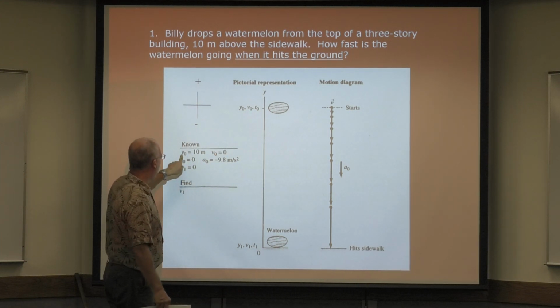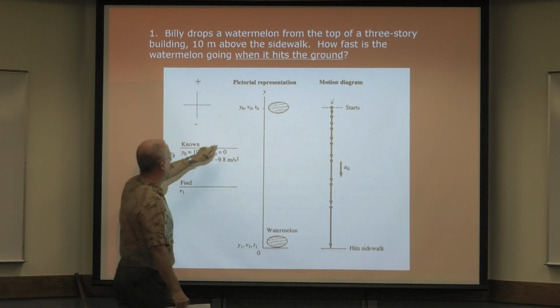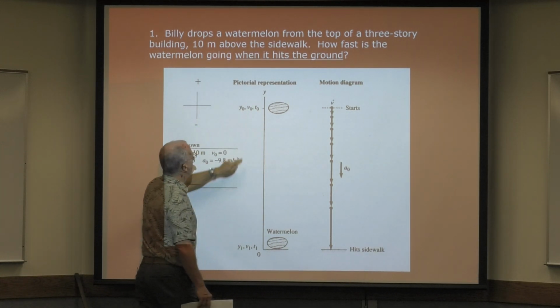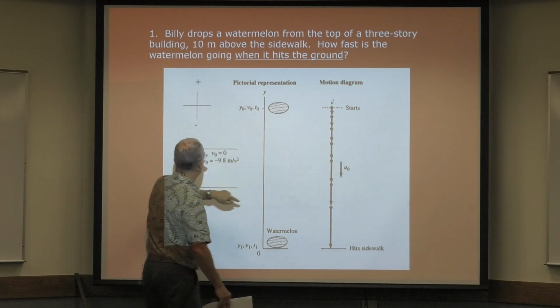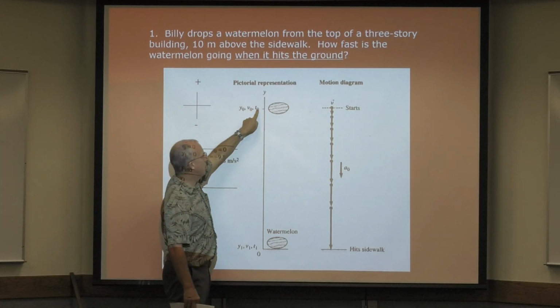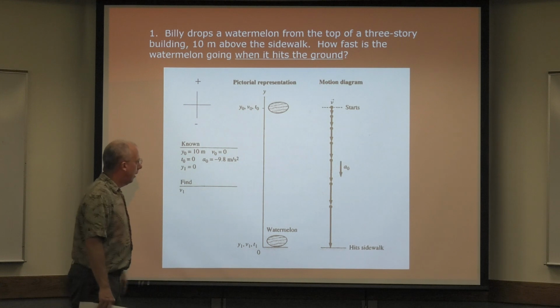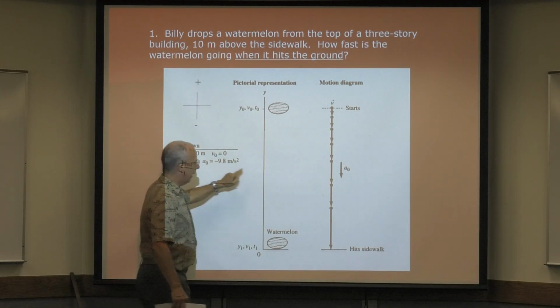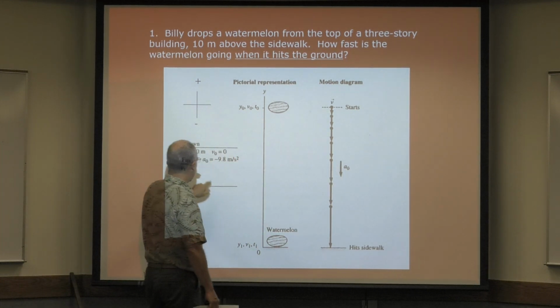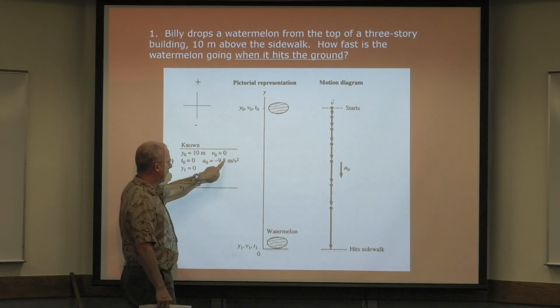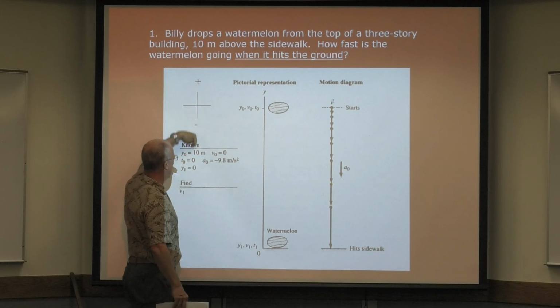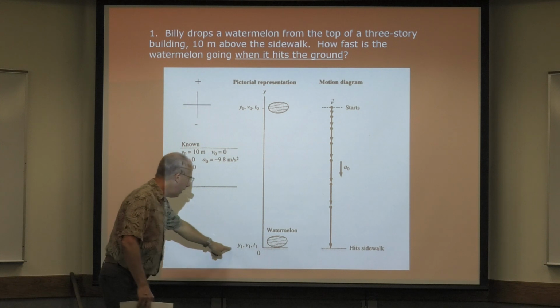We know that this is the origin, so y0 is 10 meters. Okay, we got that. We're dropping it from rest, so v0 is 0. We're going to assume t0 is 0 because why not. We'll learn this later on, that the acceleration due to gravity is minus 9.8 meters per second squared, minus because minus is down. Now we go over here.